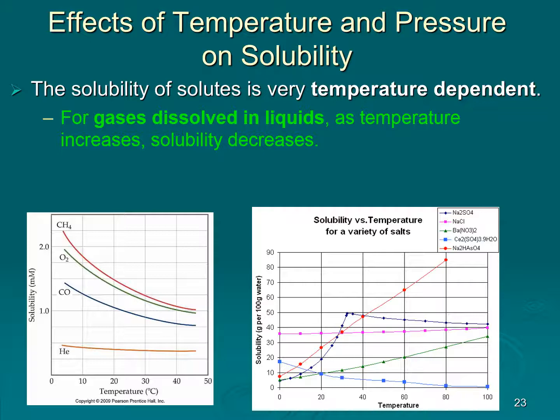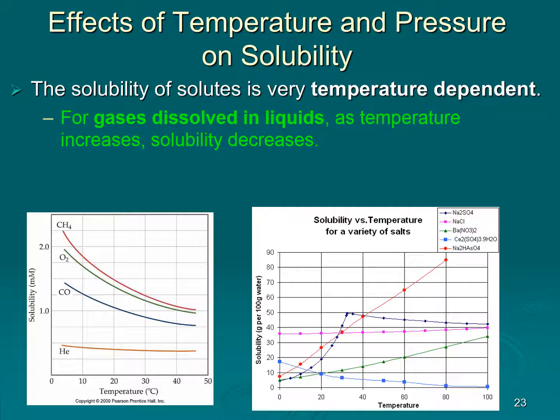And you can see if you look at the green line, O2, as you heat up, the amount of O2 that can be dissolved in water will decrease. So up at 40 degrees, it's like 1 millimolar, whereas at maybe 5 degrees, it's almost 2 millimolar.